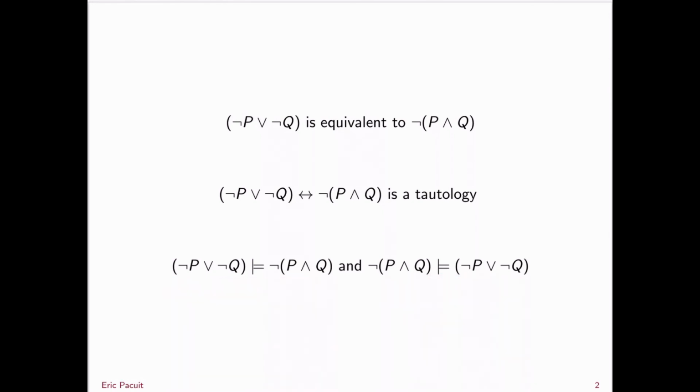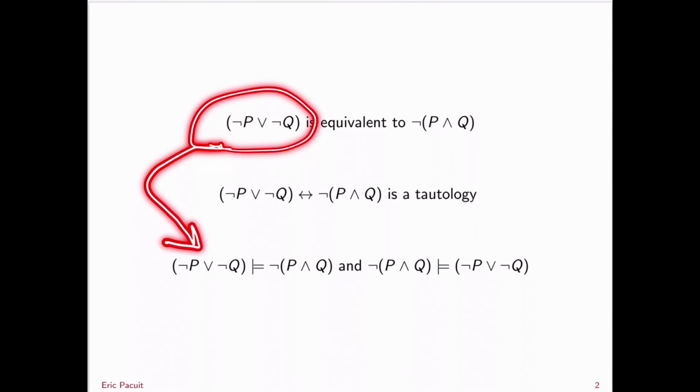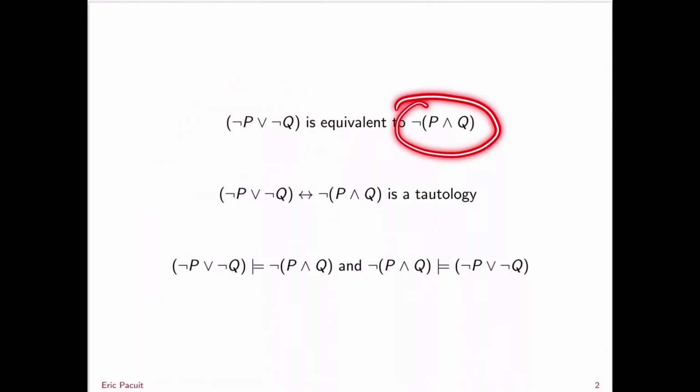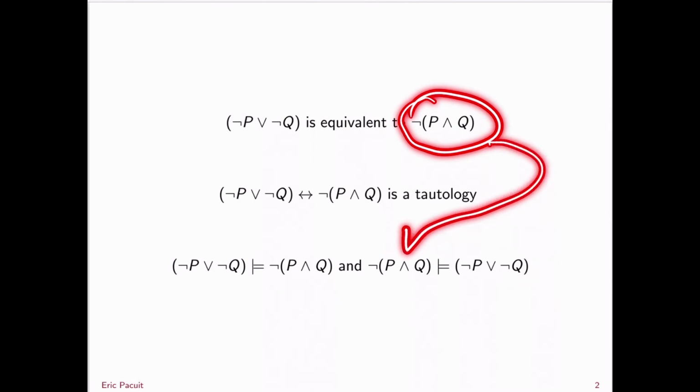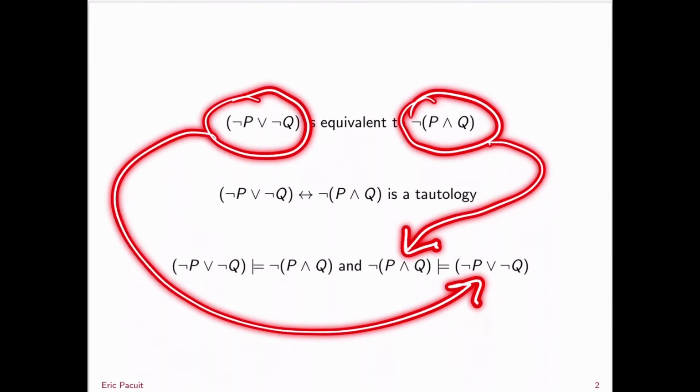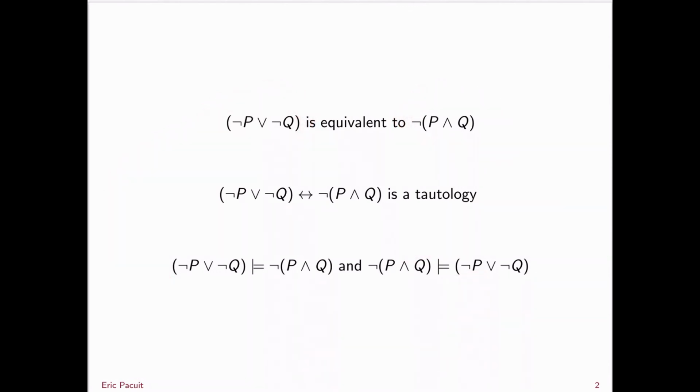The first argument has the first formula, not (P or Q), as its premise and the second formula as its conclusion. So that's a valid argument. In addition, if we take the second formula, not P and not Q, as a premise, and the first formula, not (P or Q), as a conclusion, then that's also a valid argument.